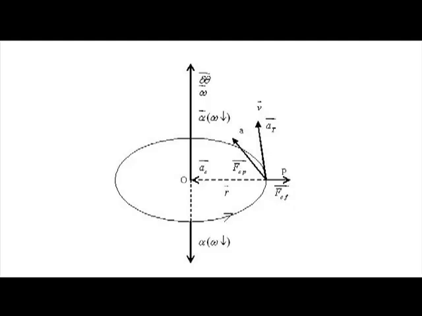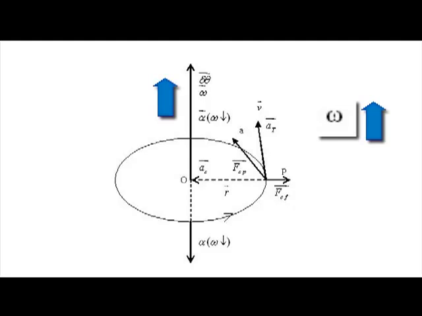Hence, as omega increases, alpha will have the same direction as that of omega, and hence one alpha is shown below omega and it is in the upward direction. The direction of alpha is upward when omega is increasing.